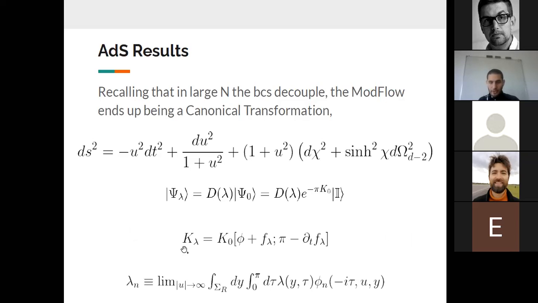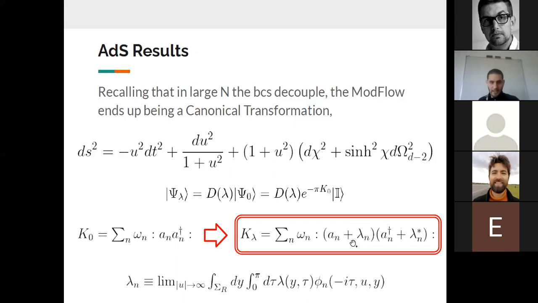So the modular Hamiltonian has these forms. The excited one is just the vacuum one, with this F displacement of these operators. So in this case, if we assume that we are in a free theory in AdS, the original modular flow would look something like this, and the excited one will look explicitly like this.